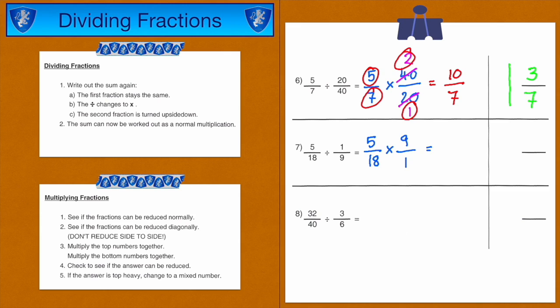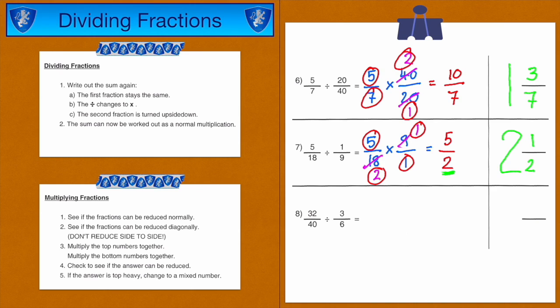So we're going to say that's 1 times 9, and that's 2 times 9. Then we'll work it all out. So we've got 5 times 1 is 5. 2 times 1 is 2. Right, this fraction is top heavy, so we're going to do 5 divided by 2, which is 2, big 2, remainder 1 at the top, 2 stays at the bottom. So your answer is 2 1/2.